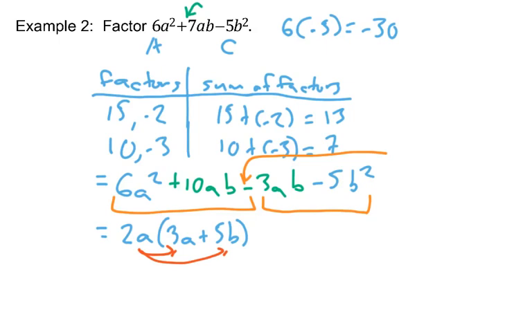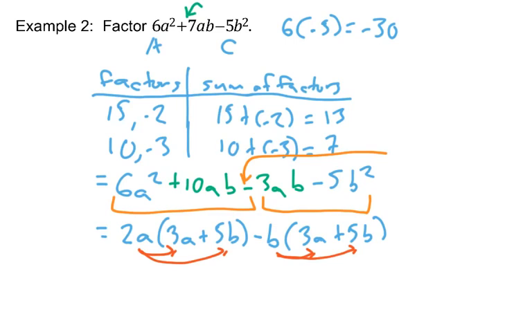That's more likely to give you the match you're looking for. So I am going to factor out from the second pair a negative b. And what would that leave me with? A positive 3a and a positive 5b, because negative b times 3a is negative 3ab, and negative b times 5b is negative 5b squared.